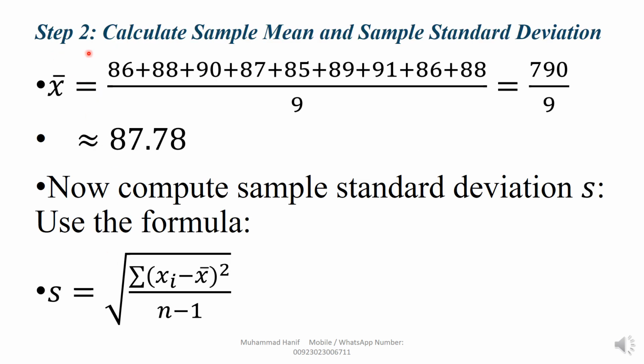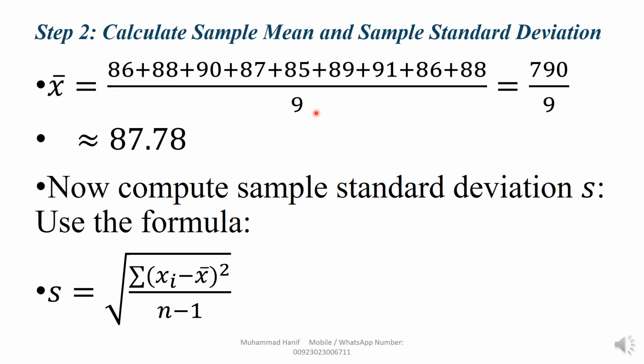Step 2. Calculate the sample mean and sample standard deviation. Now the mean of x: first, you write all the data. Then you see how many quantities there are: 1, 2, 3, 4, 5, 6, 7, 8, 9.